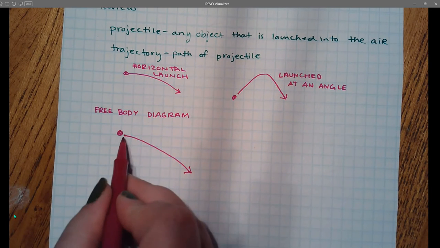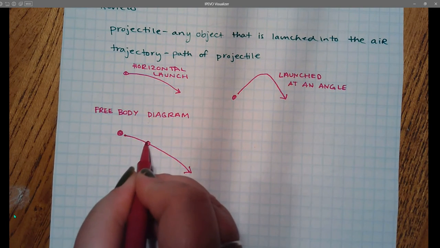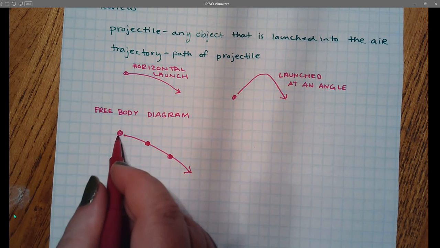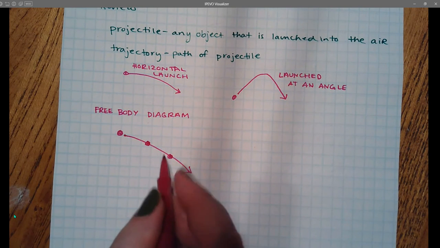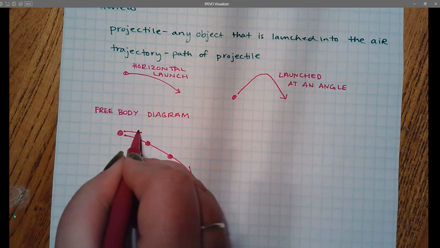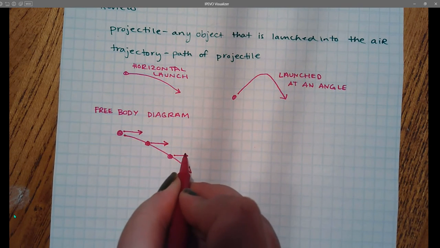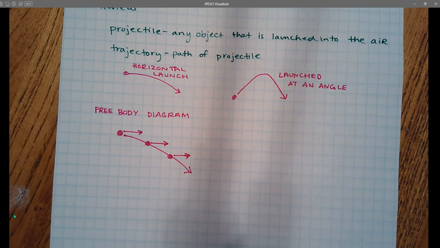At each point along this trajectory, I'm going to put a circle. So I have one here, and one here. At all of these points, the horizontal velocity is the same, so all three of those arrows are the same length.